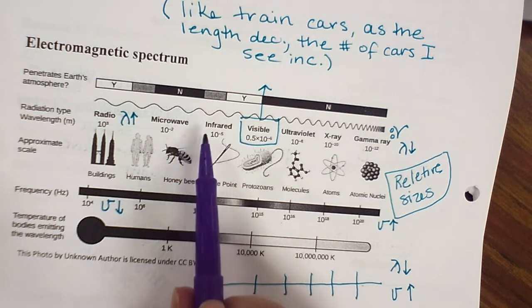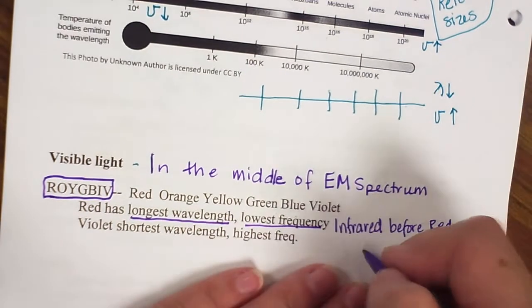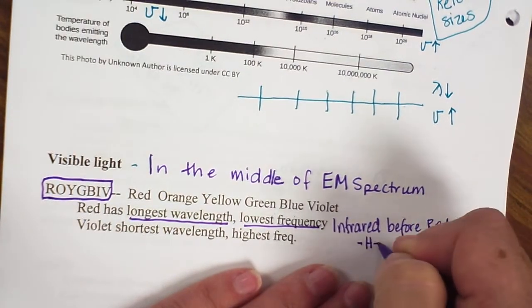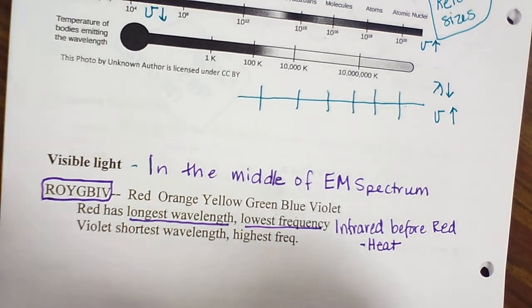The longest wavelength. Infrared, then red, right? Okay? And it's experienced as heat. That's why your burgers are sitting underneath hot red lights to keep them hot. And that's why when burners heat up on an electric stove, they are red. Yes?